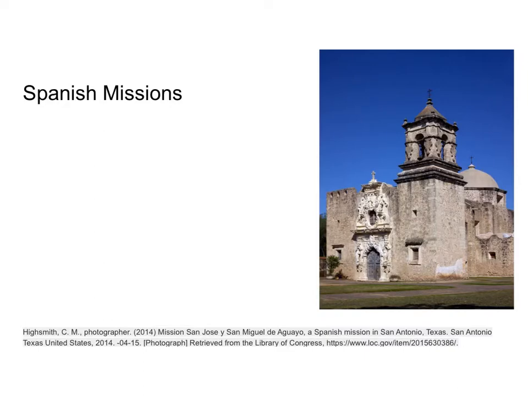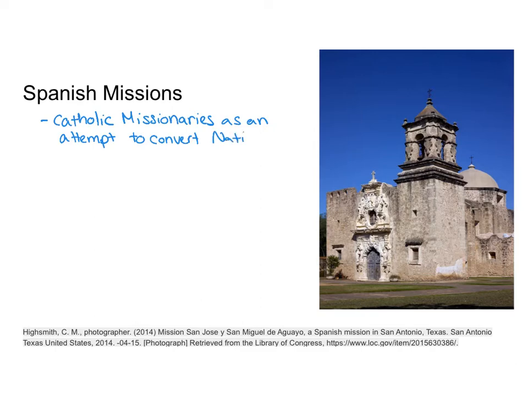We're also going to spend some time today discussing the Spanish missions that were built all throughout the Southwest. They were built by Catholic missionaries in an attempt to convert the natives to Catholicism and Christianity.